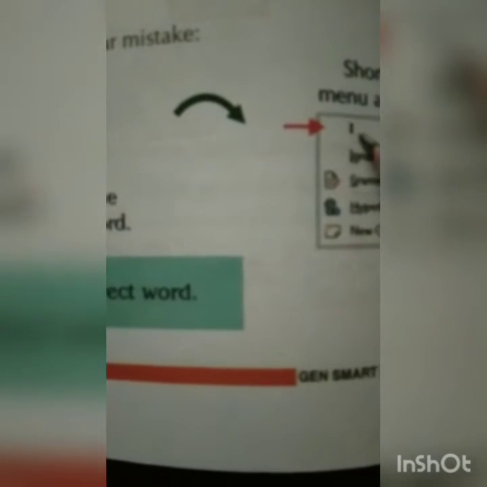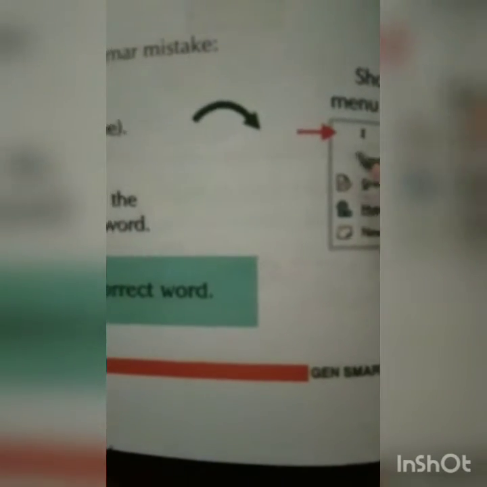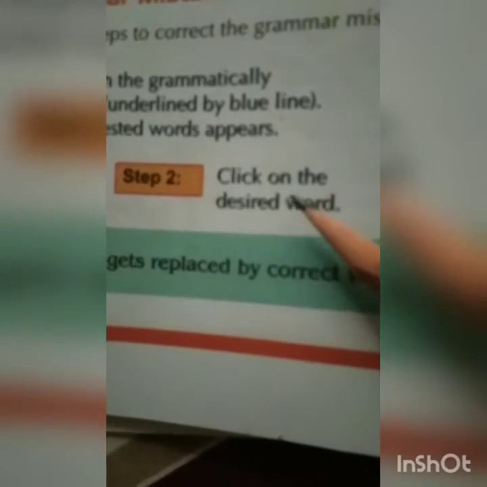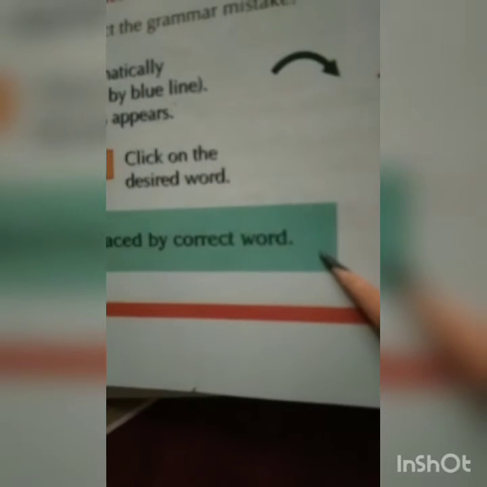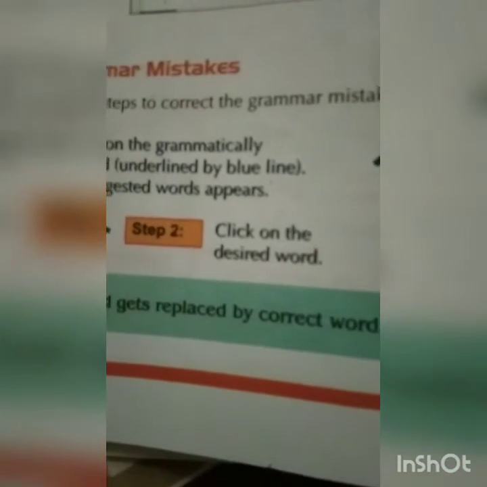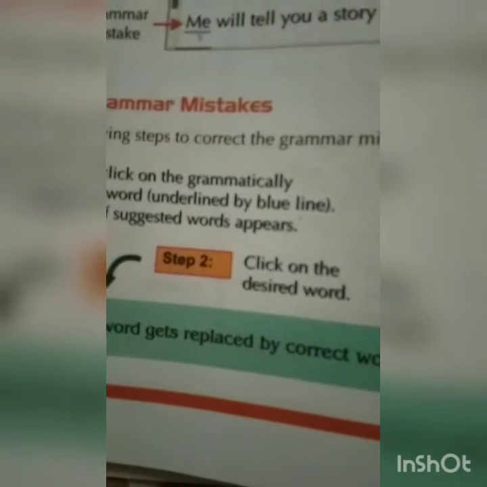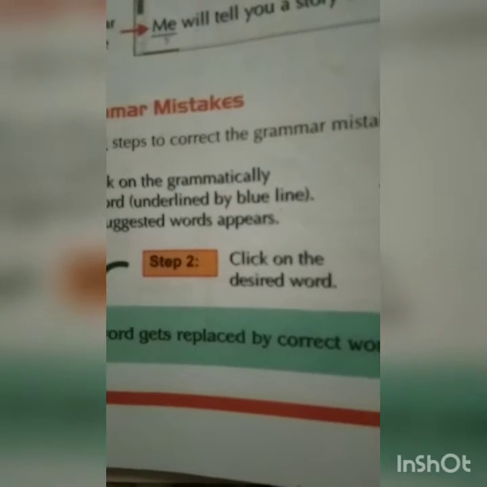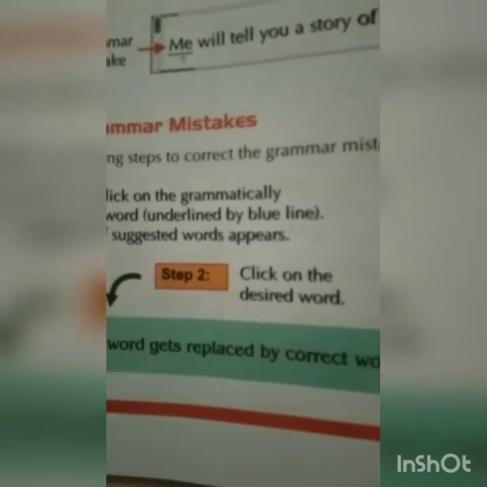After clicking on that letter or word, it will change automatically in the given sentence. On clicking the desired word, the wrong word gets replaced by the correct word. So the option is also there that it will check your grammar mistake and spelling mistake also, and you can replace by selecting the desired letter or word.